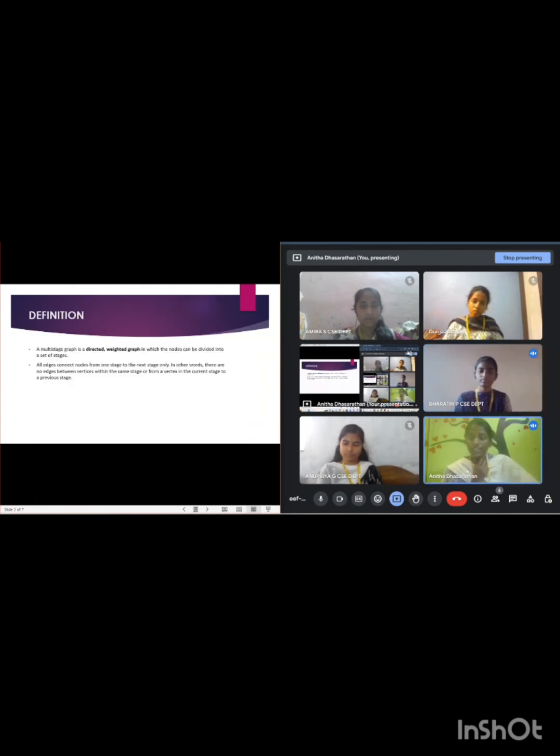A multi-stage graph is a directed, weighted graph in which the nodes can be divided into a set of stages, and all the edges connect the nodes from one stage to the next stage only. That is, there are no edges between the vertices within the same stage or from a vertex in the current stage to the previous stage.